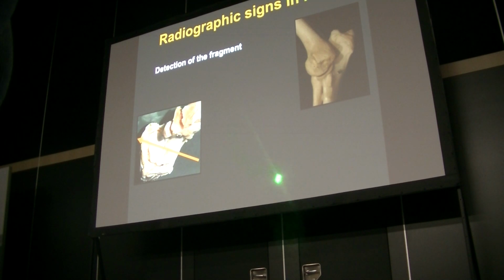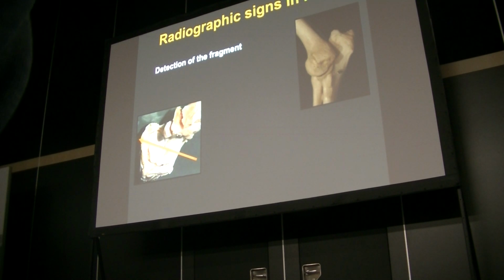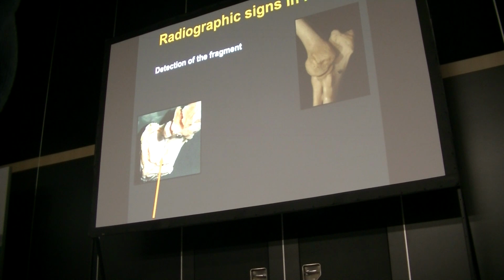So the directions or projections we take of an elbow radiograph, the mediolateral and also the craniocaudal one, and if fragments are non-displaced and localized in between the radial heads and the medial coronoid process, it's difficult to pick them up.